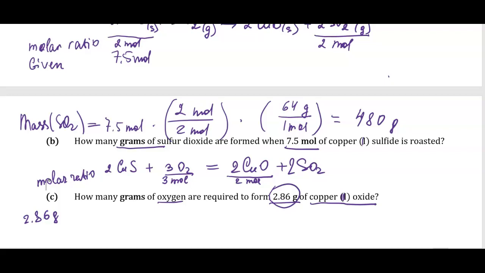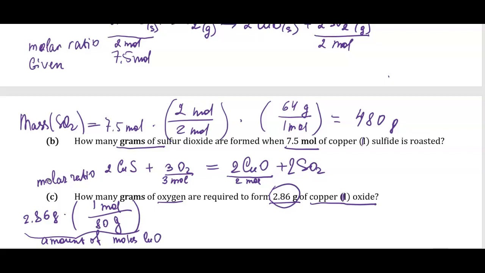I need to calculate how many moles it is, so I will use a conversion factor. The conversion factor is that 1 mole of copper 2 oxide has a molar mass of 80 grams per mole, right? So this is my conversion factor. Molar mass shows us how many grams per 1 mole in any kind of compound. So this is our amount of moles for copper 2 oxide, right?